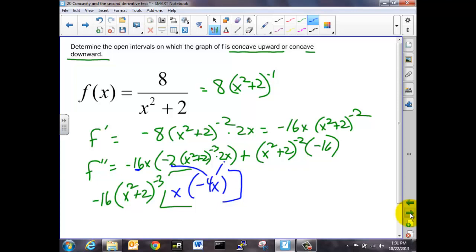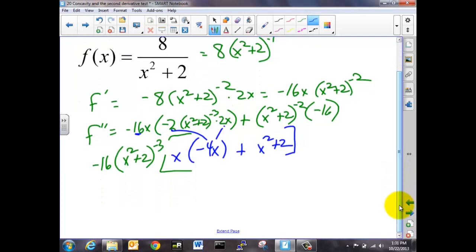I'm factoring out x squared plus 2 to the negative 3, and I'm factoring negative 16 out. All of that's coming out of the first term. Plus, what comes out of the second term? x squared plus 2.